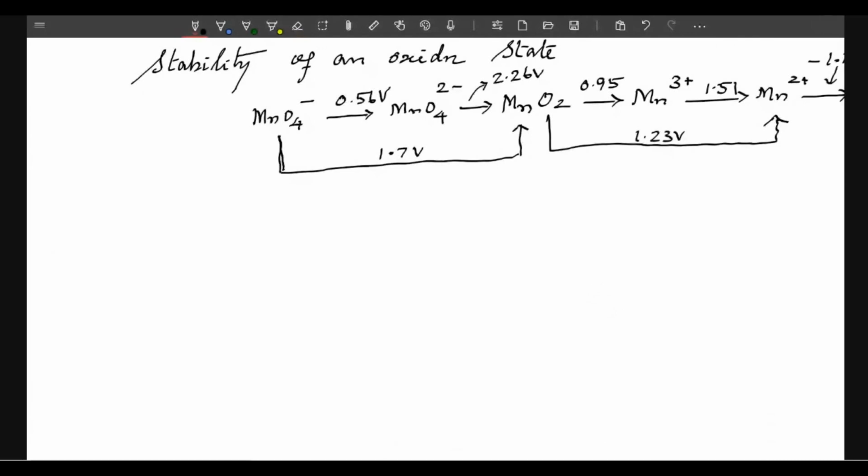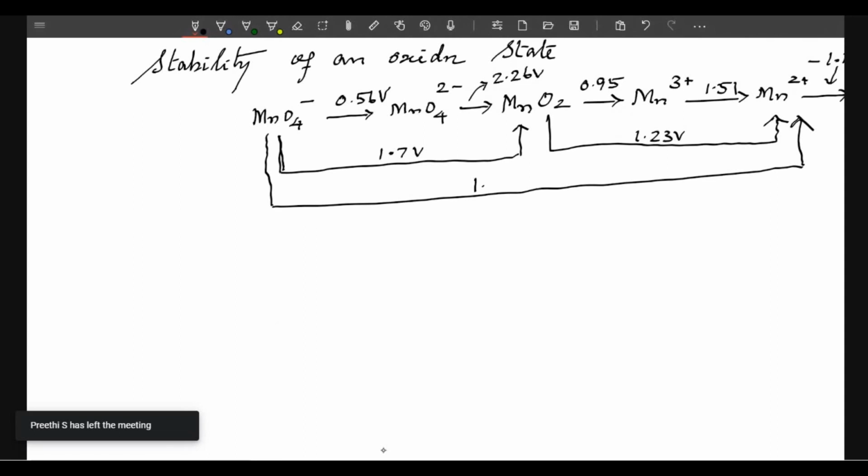And in our permanganate titration, you may come across manganese from +7 state directly converted to +2 state. If it is there, then the electrode potential is going to be 1.514.